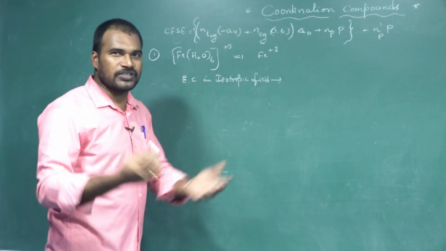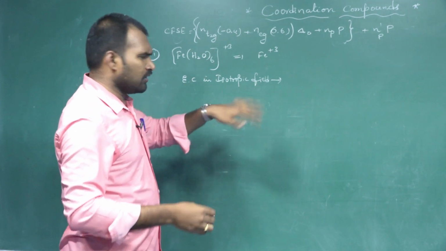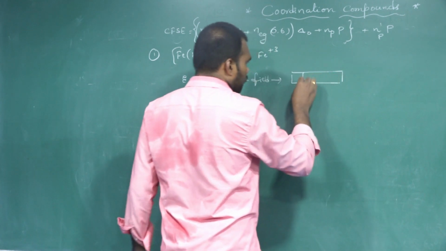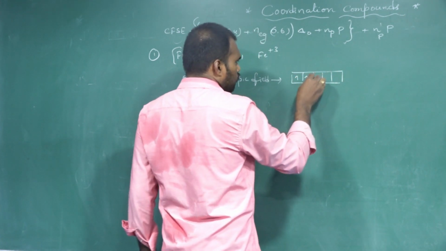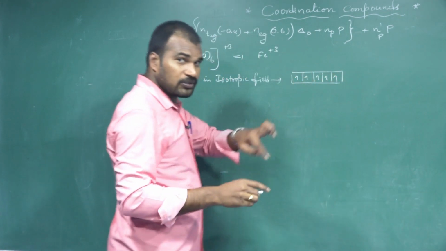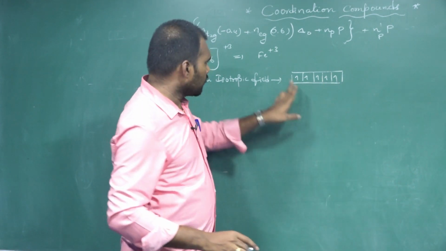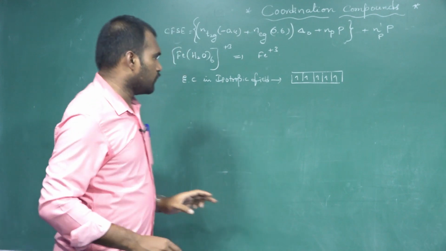Isotropic field means absence of ligands. In general the electronic configuration is 1, 2, 3, 4, 5. In the absence of ligand there is no splitting, all 5 d orbitals have the same energy, which is why I have distributed the electrons equally.